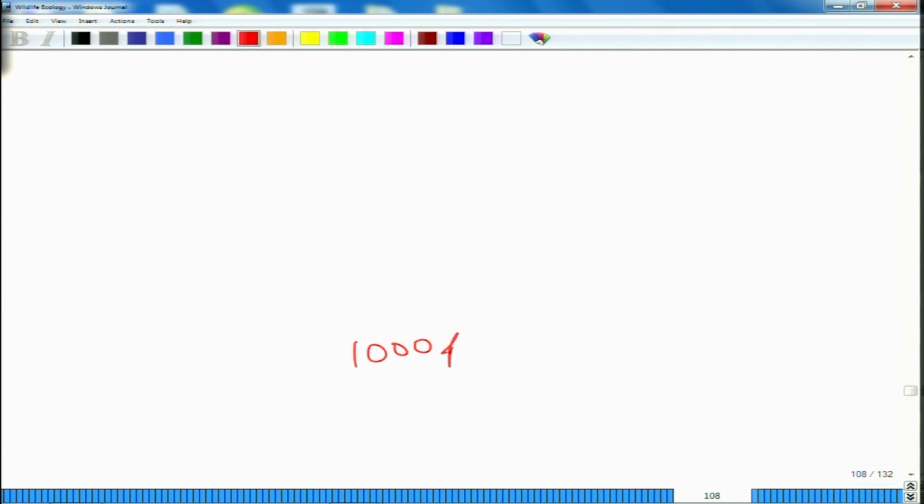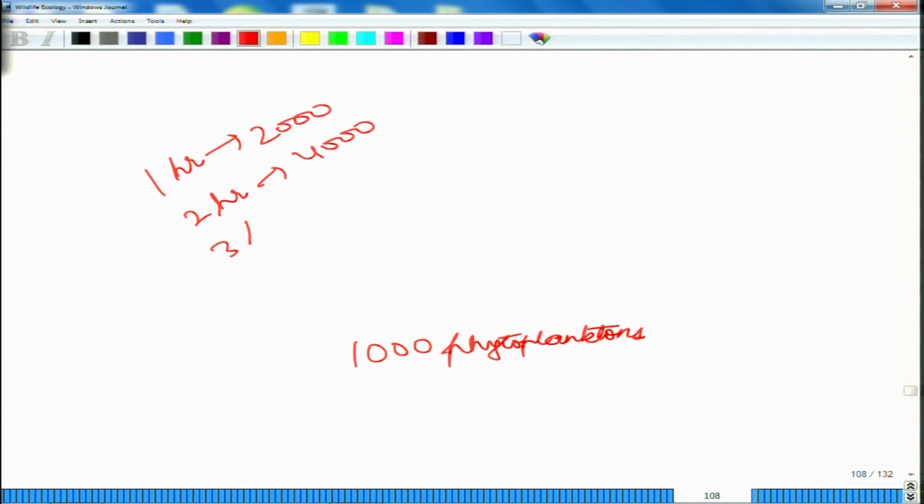So, even though you have a very small number, suppose you have 1000 phytoplanktons and suppose they are able to duplicate themselves every hour. In that case, in 1 hour from 1000 they will become 2000, in 2 hours from 2000 they become 4000, in 3 hours from 4000 they become 8000, in 4 hours they become 16,000 and so on.